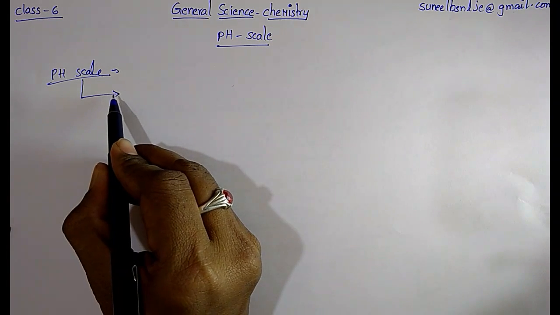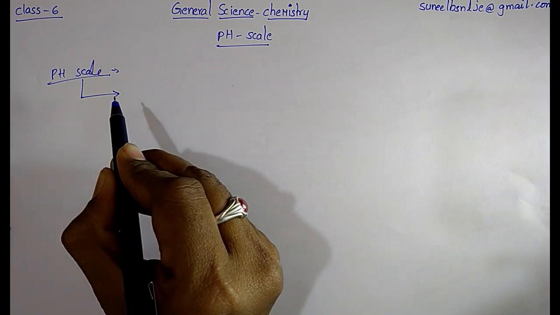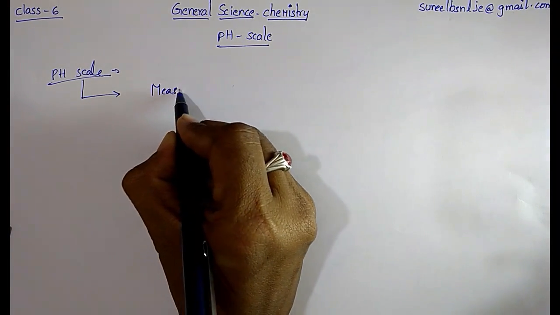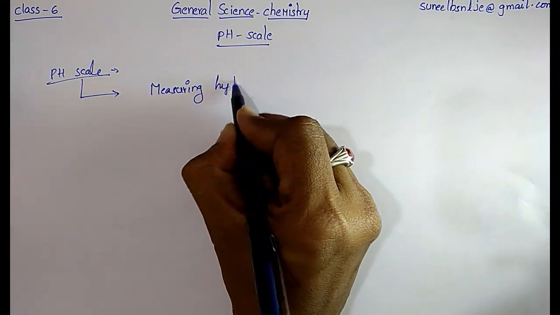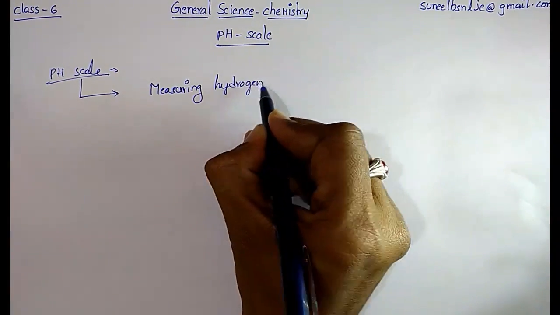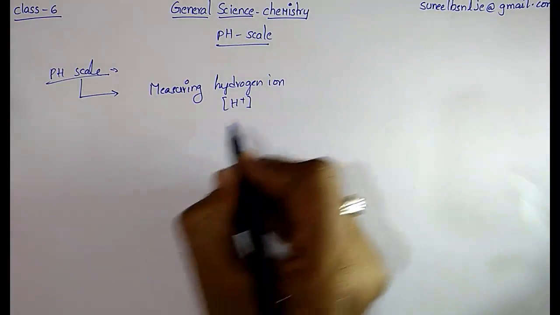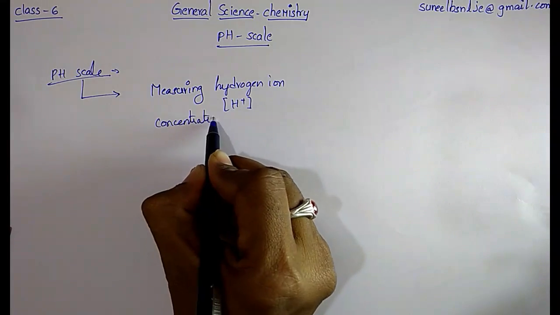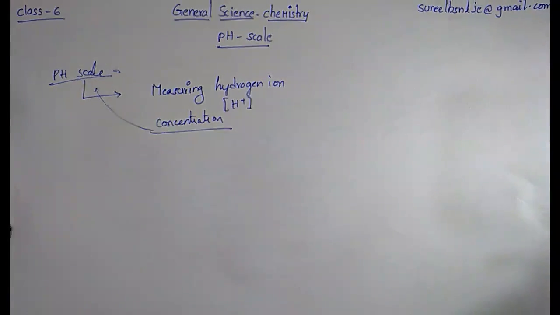The pH scale is nothing but a scale which is used for measuring hydrogen ion concentration, that is H plus ion concentration. It is called the pH scale.